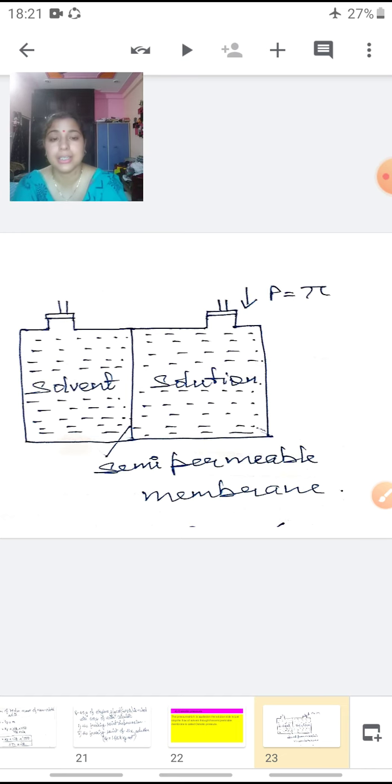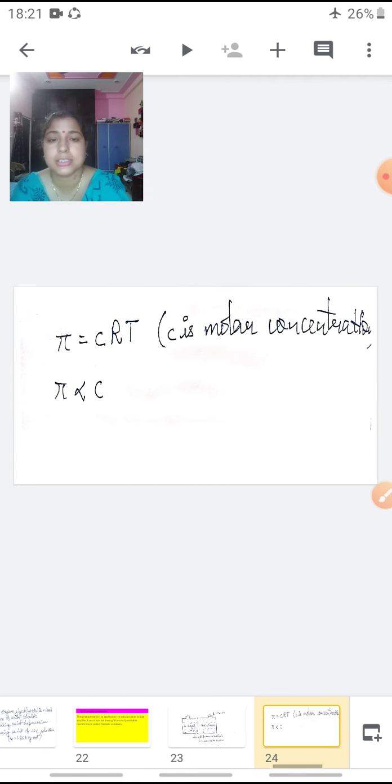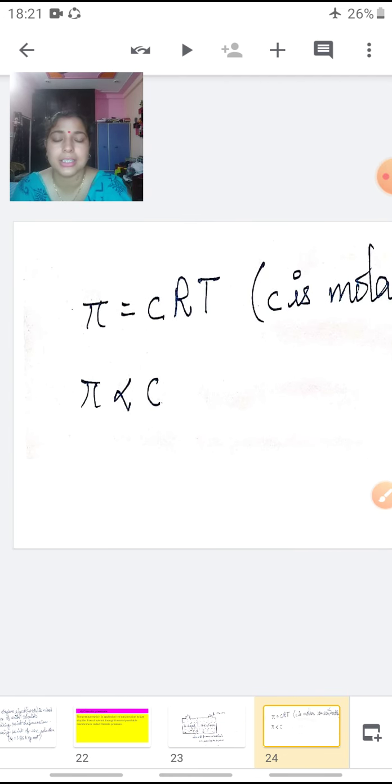Now, next thing that we have to study is how we can say that osmotic pressure is a colligative property. Children, Van't Hoff studied the osmotic pressure in detail and found that the osmotic pressure of a solution is equal to CRT, where C is the molar concentration, molarity.